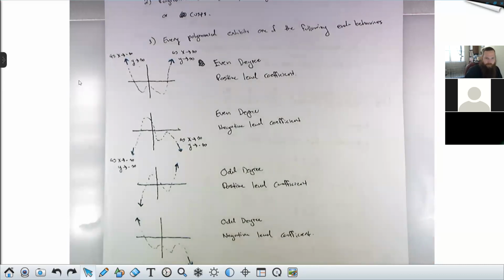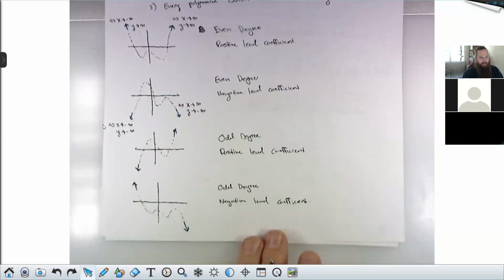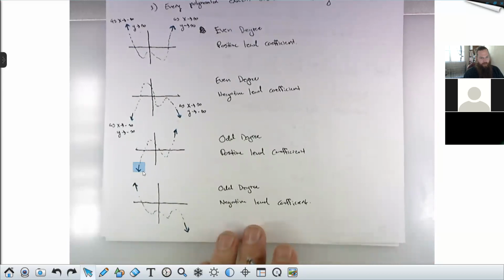So it's all infinities, right? And then you just have to choose the sign that makes sense. So somebody tell me, what would be the arrow notation, the goes to notation, for this arrow here to describe a polynomial which goes down as you go out to the left?